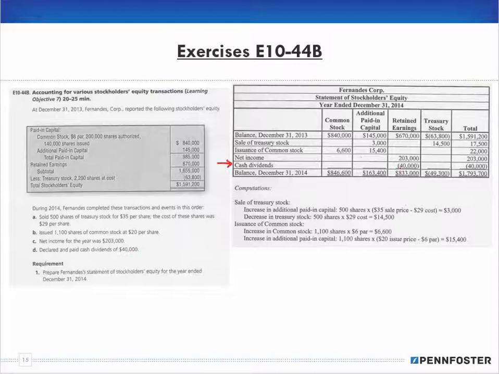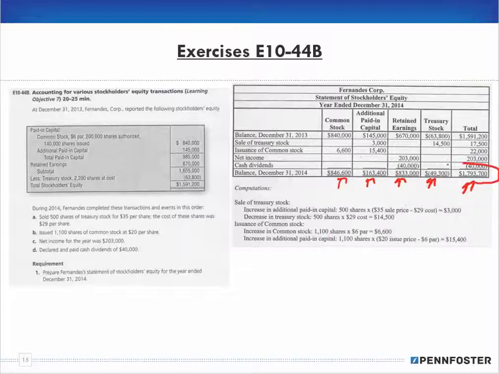That's a payment out, so it's a negative $40,000, and it comes out of retained earnings. And then it's just simply doing the math in the columns to get the rest of the solution.